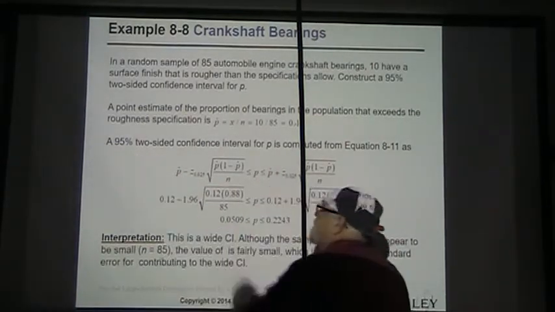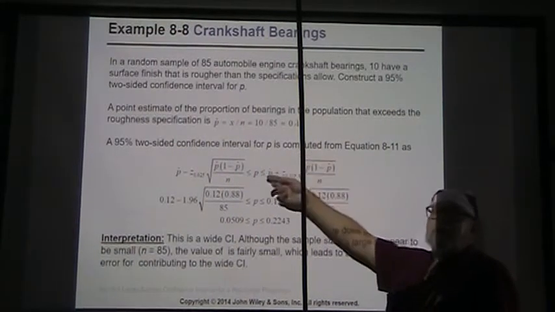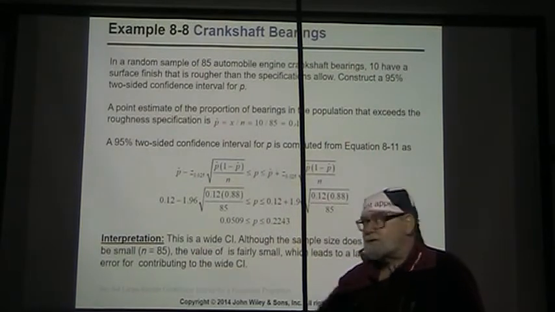A 95% two-sided confidence interval for p is computed then from our equation 8-11 that we saw on the last slide.